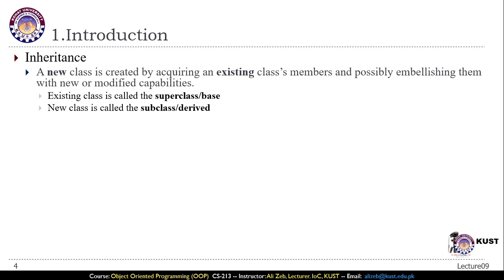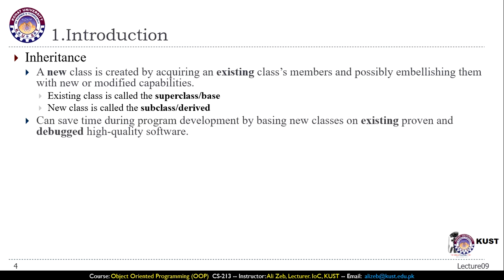Once we have inherited a class, the existing class in that case will be called the superclass or the base class. That is the class that is already there, and we are using this class's code in another class. The newly created class will be called the subclass of the superclass, or it can also be called the derived class.